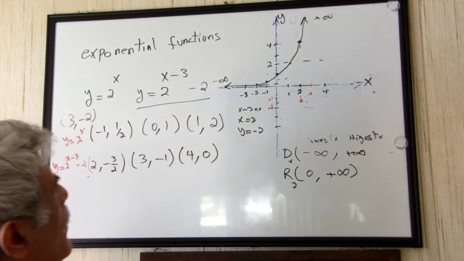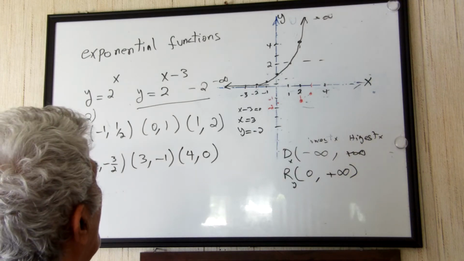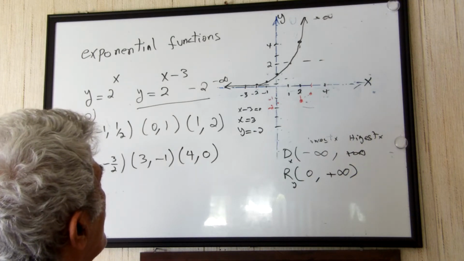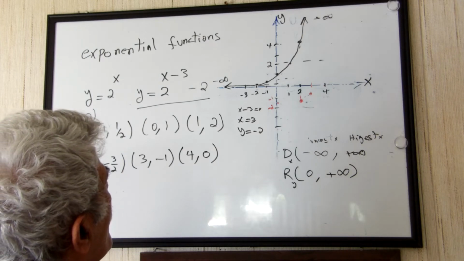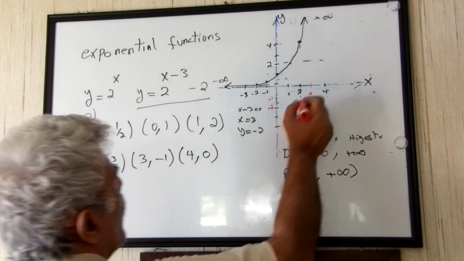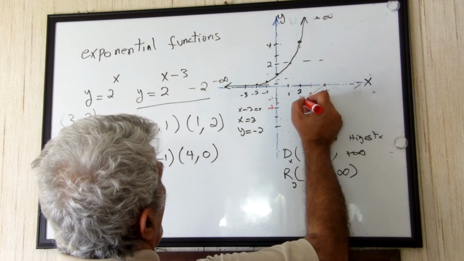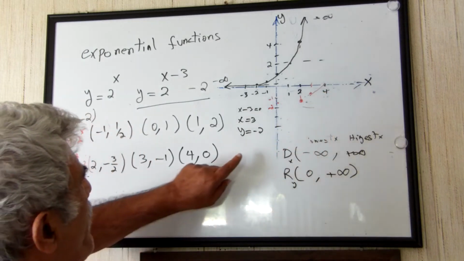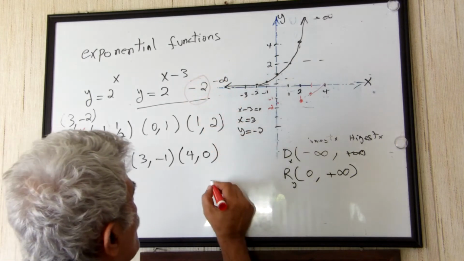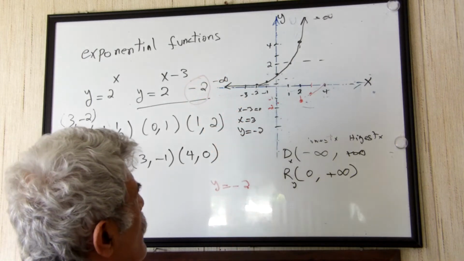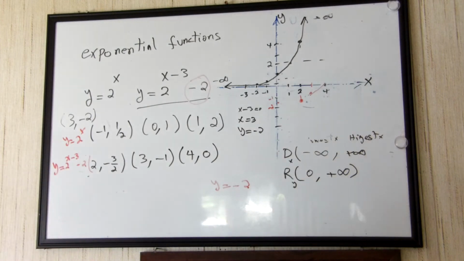And then what is it going to look like? See, at this time, y minus 2 actually is just the opposite way of a logarithmic function.